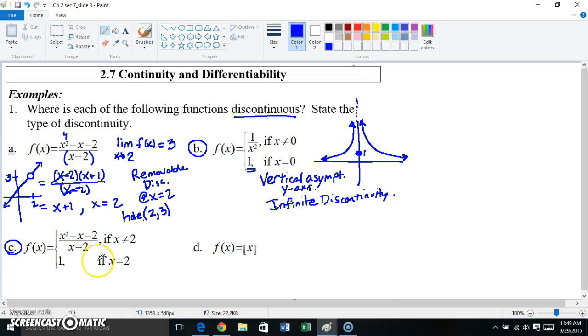But now what they're saying in letter C is they've added the point (2, 1). That is now on the graph. So this is now representing the graph for part C. Okay, what kind of discontinuity do we have?